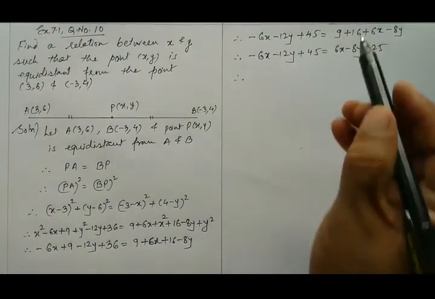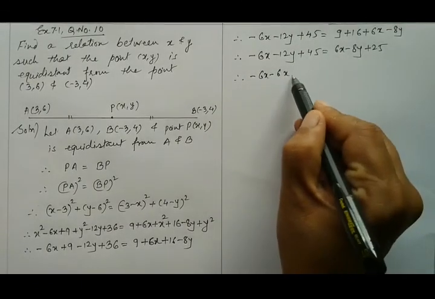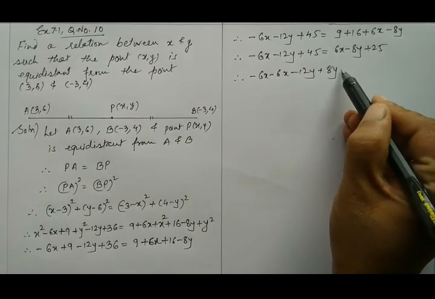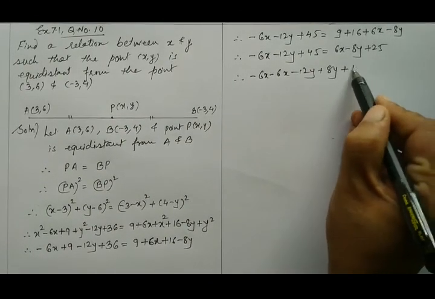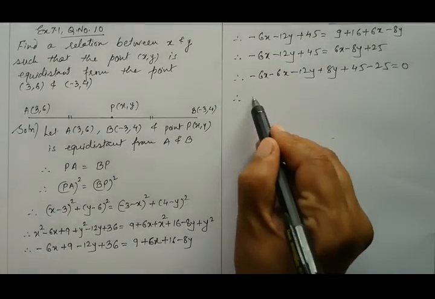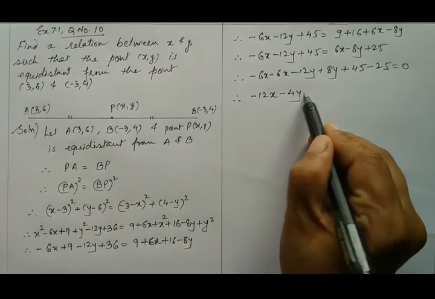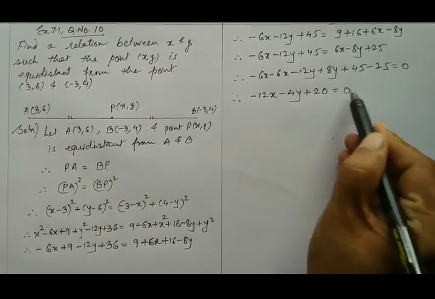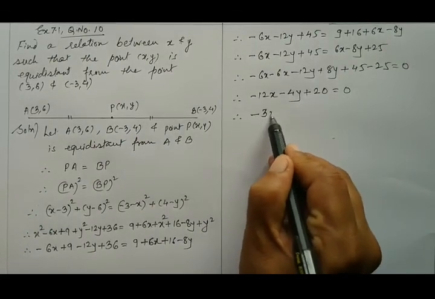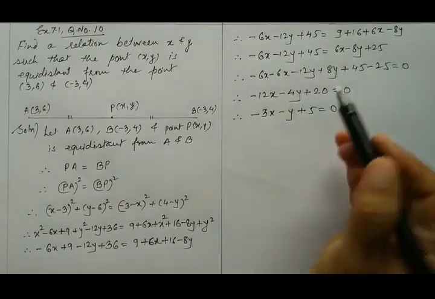So therefore take 6x this side, so minus 6x minus 6x minus 12y plus 8y, plus 45 minus 25 is equal to 0. So minus 12x minus 4y plus 20, so dividing by 4, this will become minus 3x minus y plus 5 is equal to 0.